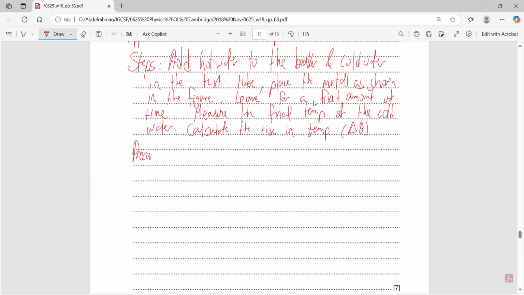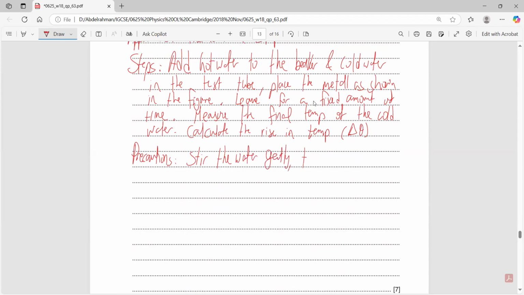Okay, precautions: stir the water gently or take the readings.